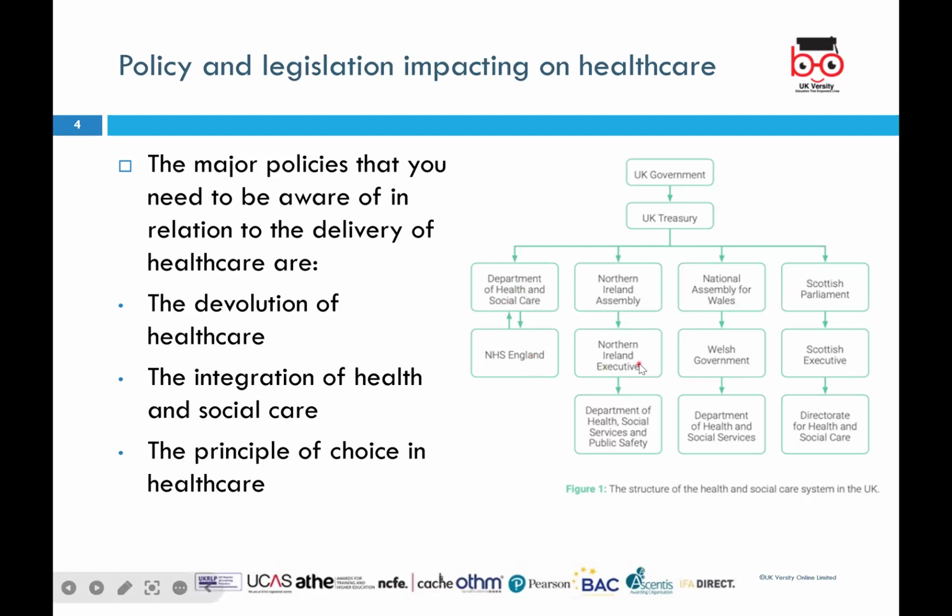Within Northern Ireland, you have the Northern Ireland Assembly. So this is what it means. How is it devolved? What roles are played by which type of organization? The integration of health and social care: how is it integrated? What departments are integrated within health and social care? And the principle of choice of healthcare.